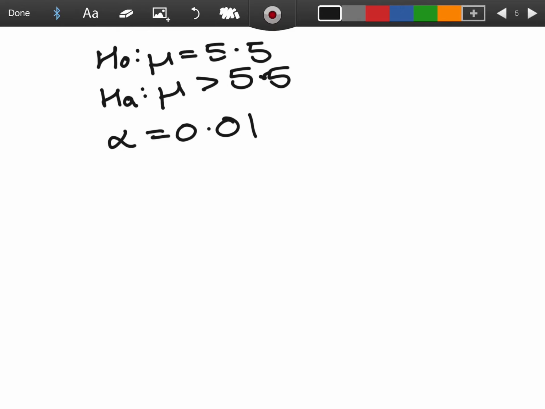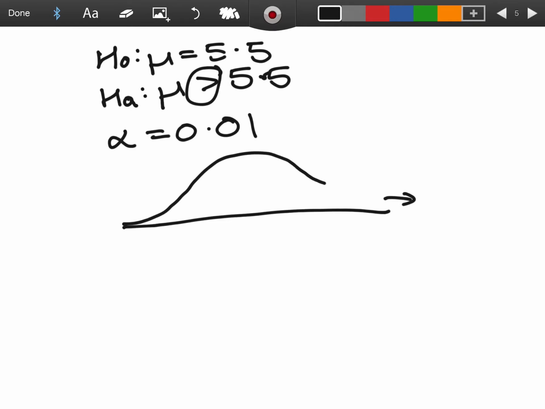You could go ahead and find that test statistic. You can then find the critical value. In this case, it is a one-tailed test, and it is actually right-tailed. Because you have a greater than, it means it's right-tailed, so your tail is going to be over here. So again, if you draw a sketch of this, this time it is one-tailed.